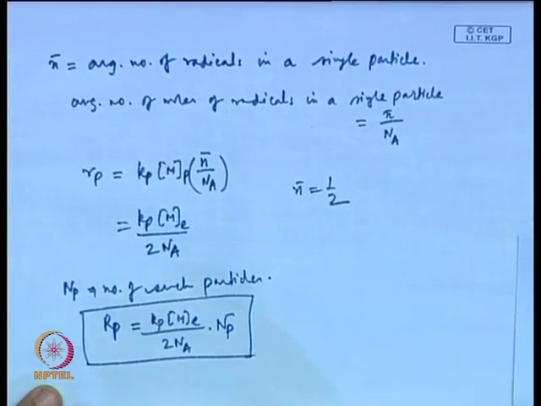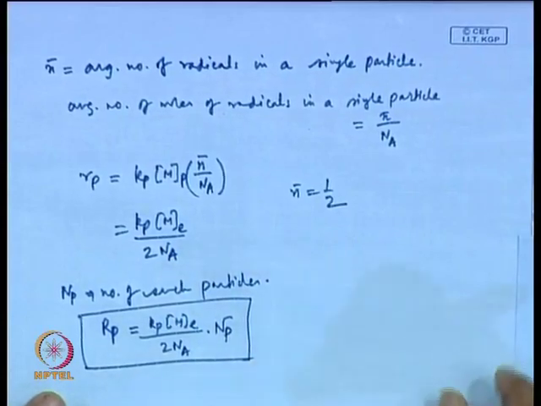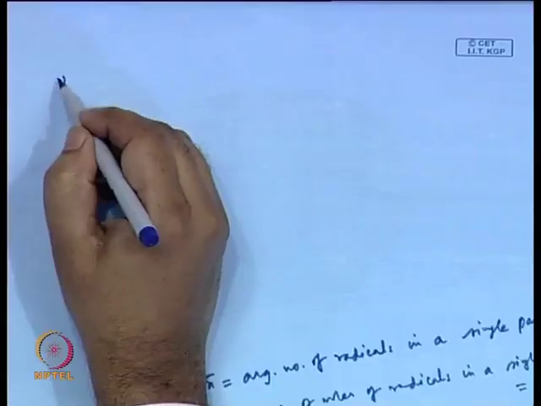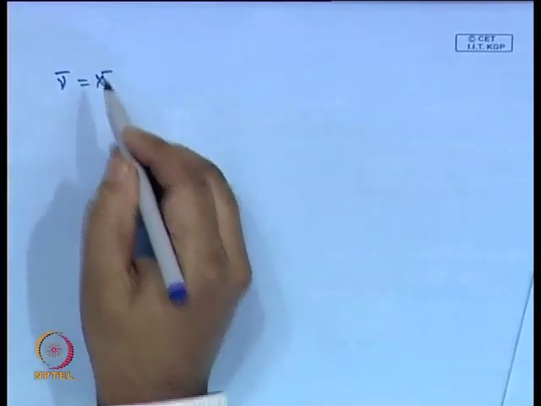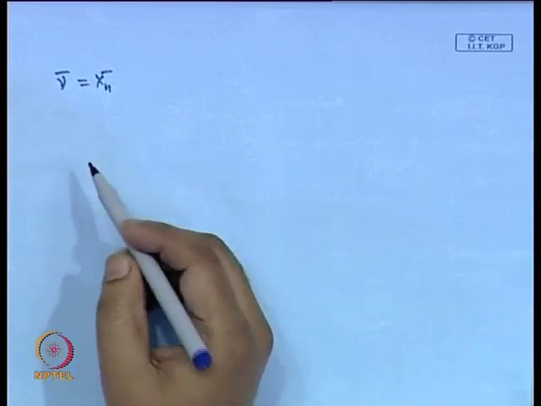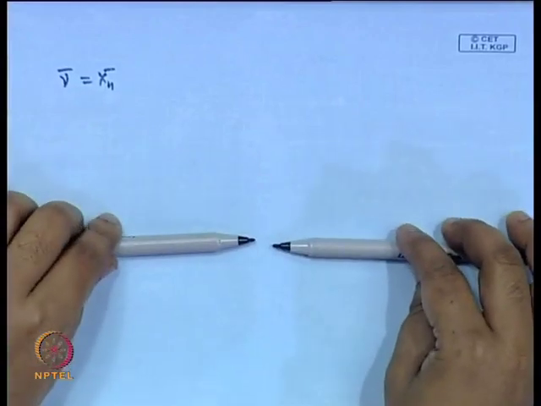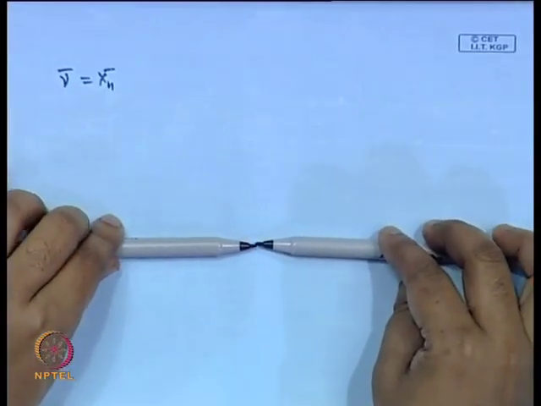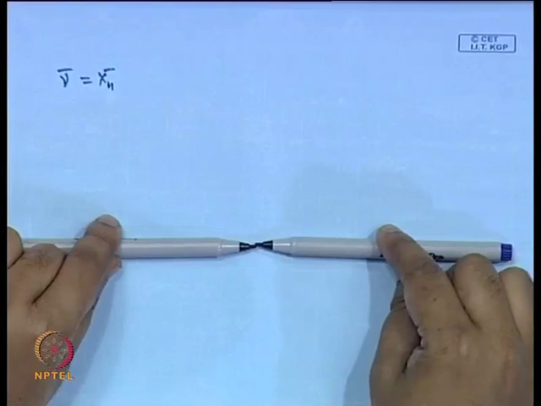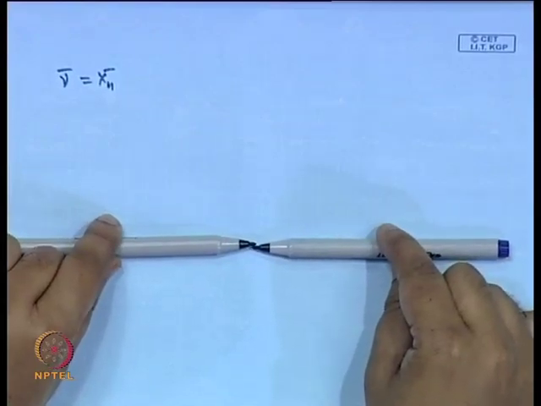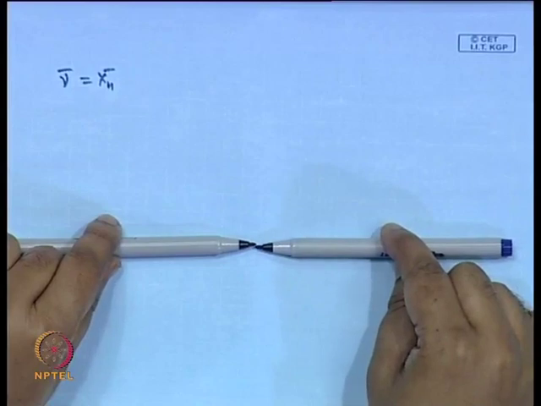What is the molecular weight? Now, the kinetic chain length in this case is the same as the degree of polymerization. We talked about this before: if you have two kinetic chains terminating by a combination reaction, then the molecular weight is double the length of the kinetic chain.